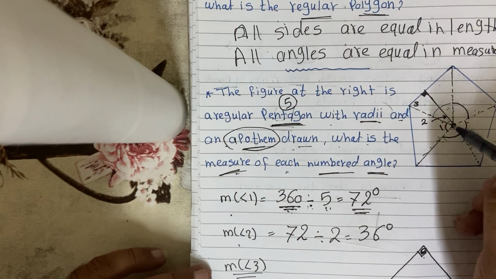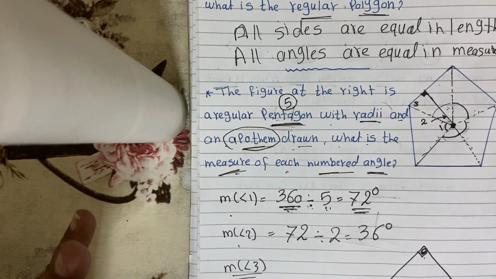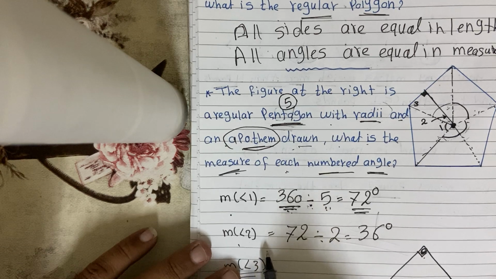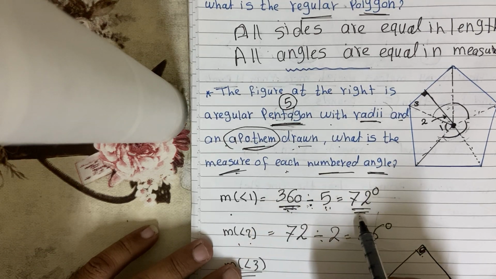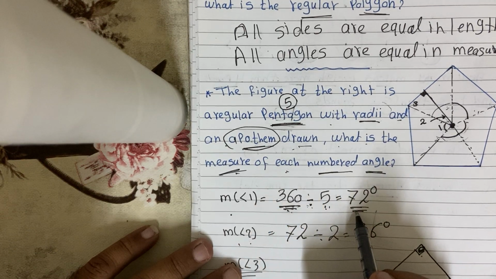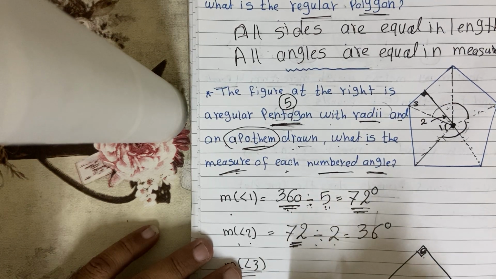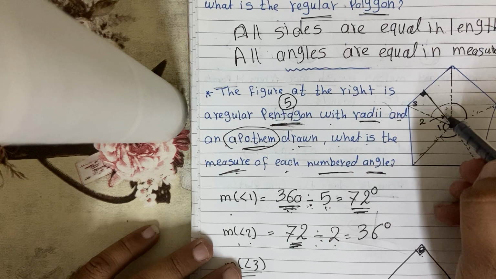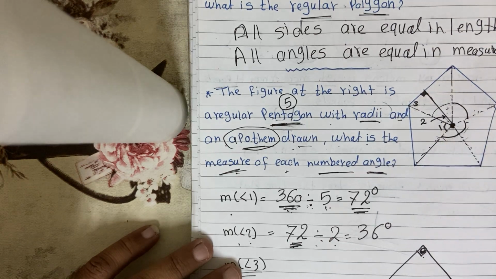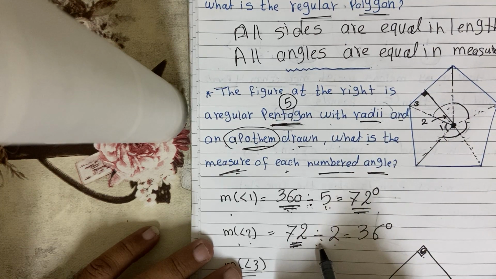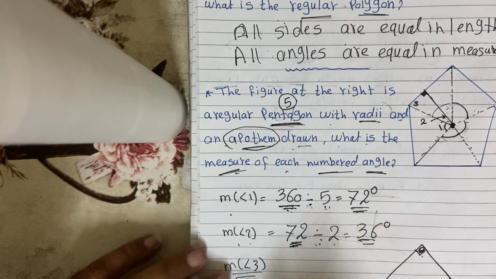It bisects the vertex angle. So since angle 1 is 72, I will divide 72 by 2 because the two small angles are equal. So 72 divided by 2 is 36.